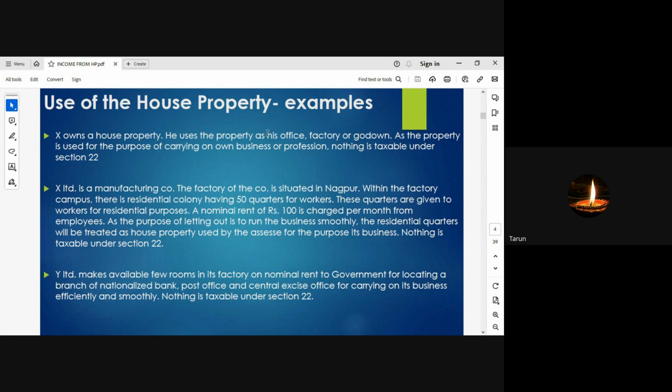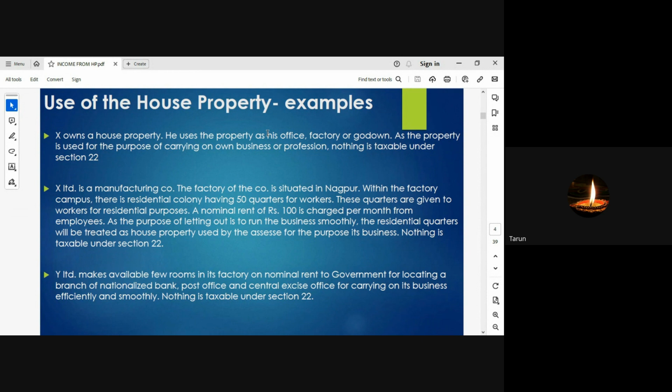The next example: X Limited is a manufacturing company. The factory of the company is situated in Nagpur. Within the factory campus, there is a residential colony having 50 quarters for workers. These quarters are given to workers for residential purposes.